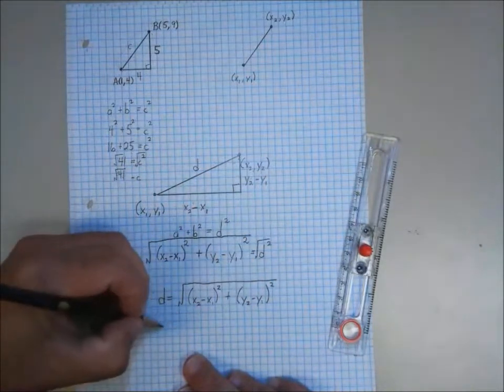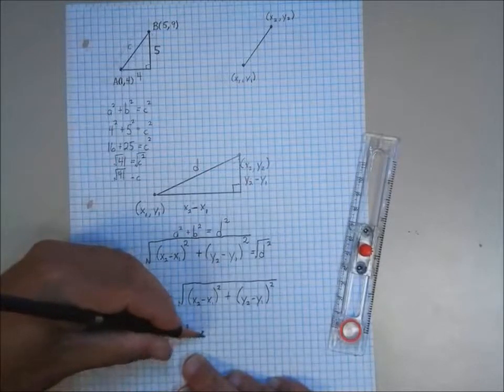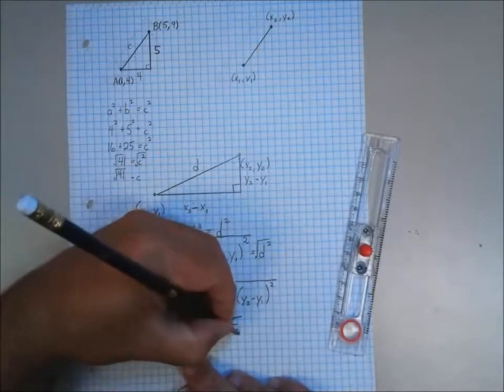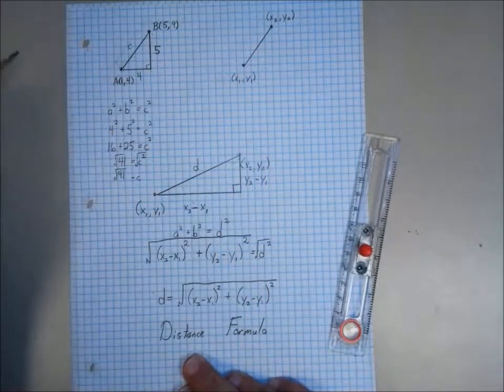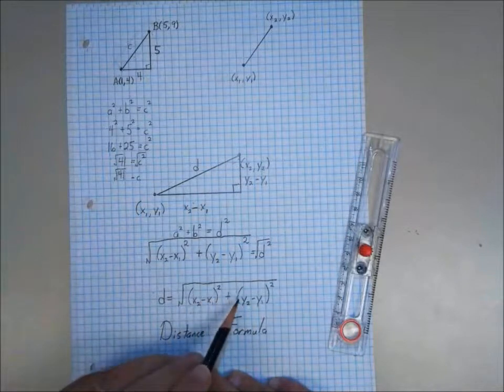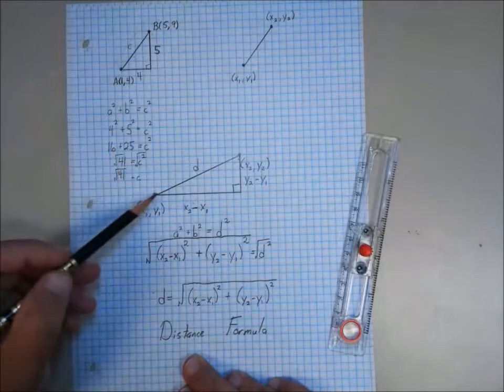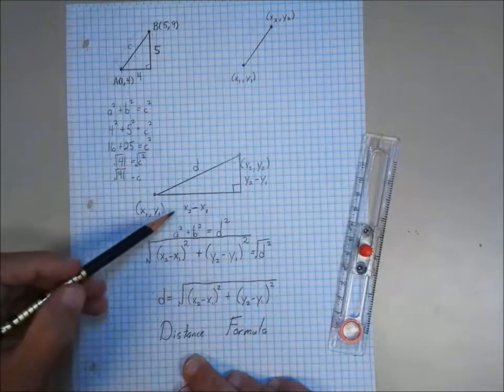This is the distance formula. It's a little long, but if you know the Pythagorean theorem and how it works, and then remember you're subtracting your x's and subtracting your y's, all the distance formula becomes is an extension of the Pythagorean theorem on the coordinate plane.